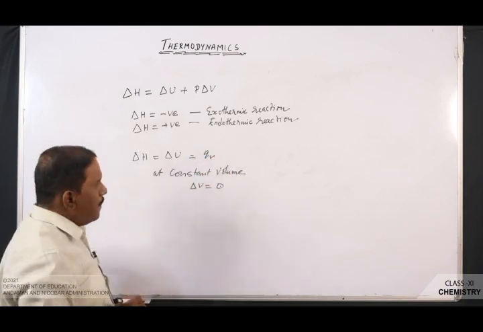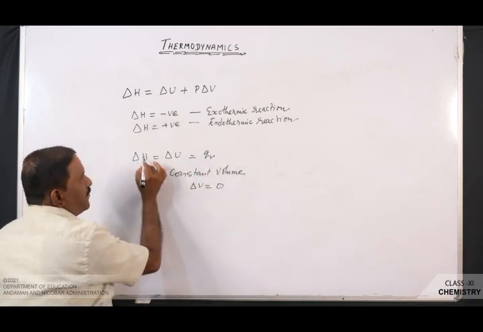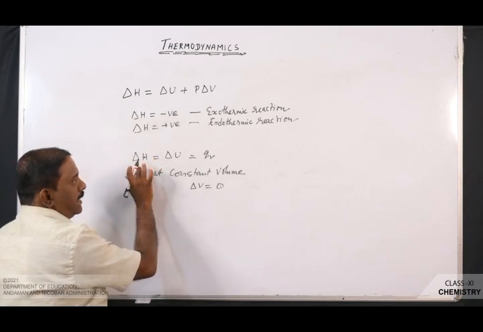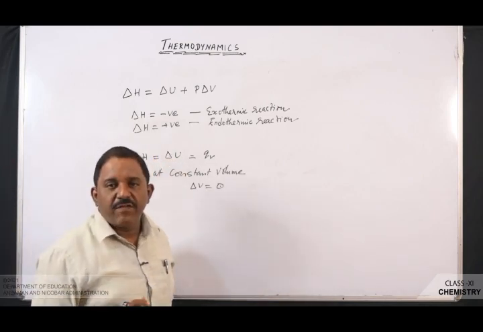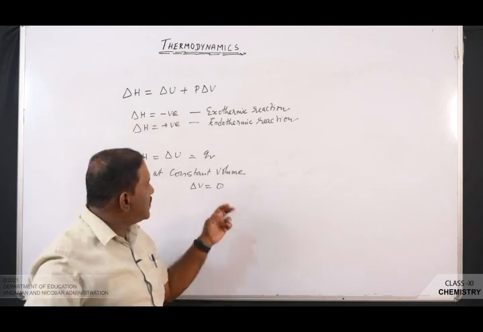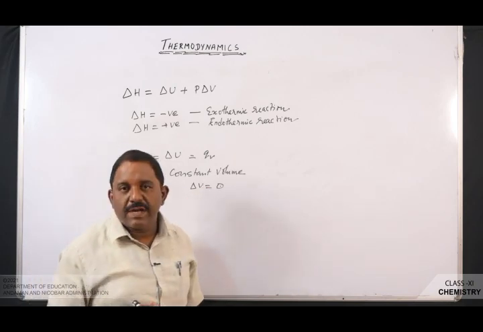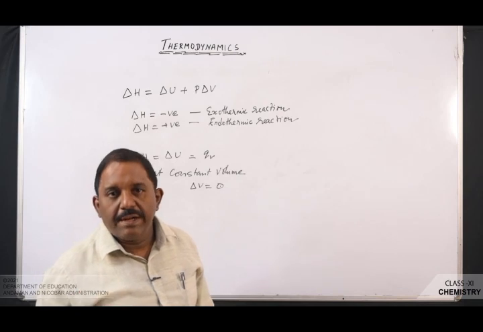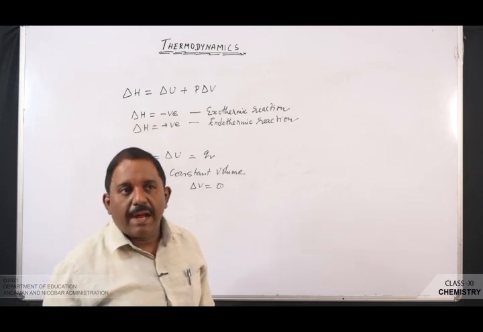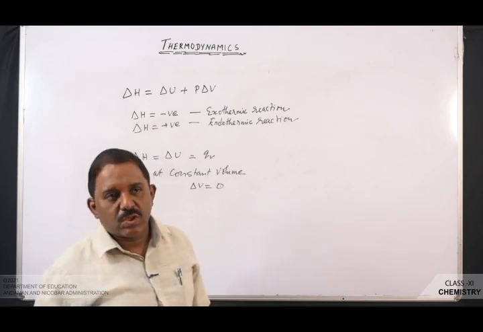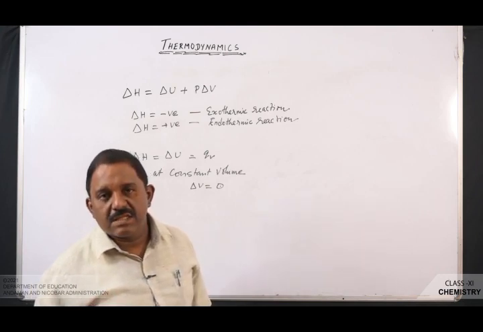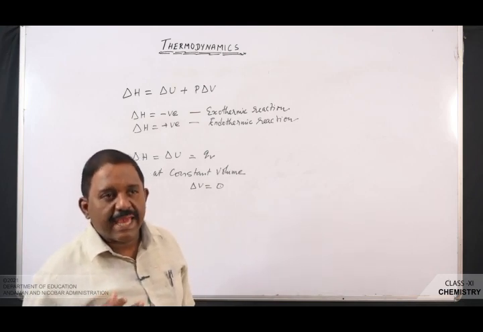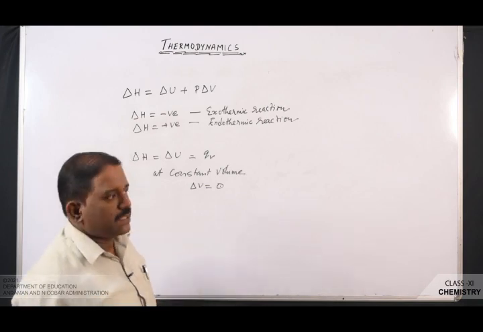So we know that the difference between delta H and delta U is not that significant in the case of solids and liquids, where the change in volume is small, and it is more significant in gases. So now we will consider a gaseous system in which the changes take place.